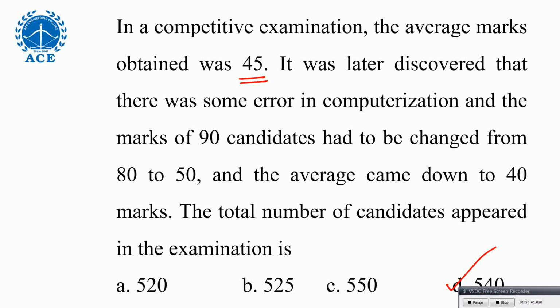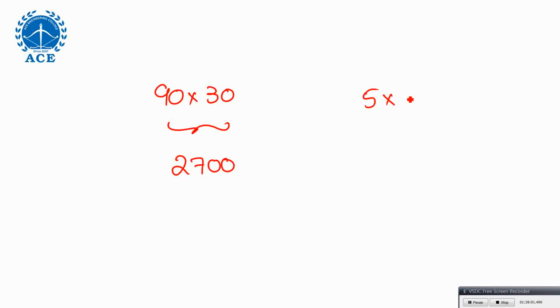Average decreases because of some people also. Here, only 90 candidates changed, but it affects the overall average of the class. 45 became 40 because of 90 students. So 90 into 30 down, 2700. This effect should match with the overall average change of 5 into the number of candidates attending the exam.